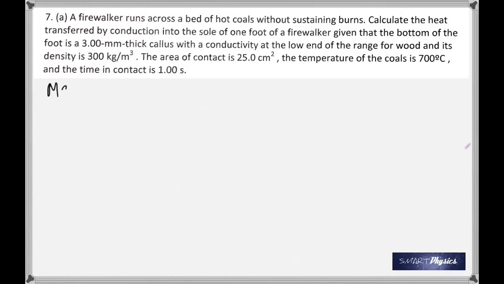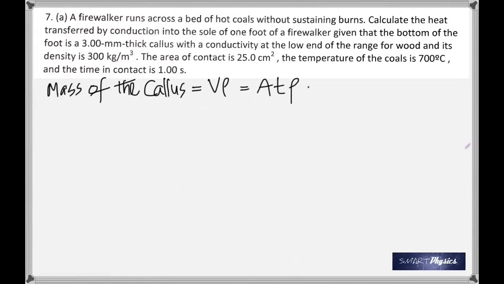First, let's find the mass of the 3 millimeter thick callus. Mass is volume times density. Volume is area times thickness, isn't it? Now, area here is 25 centimeters squared. When you change it into meters squared, it's times 10 to the negative 4 meters squared.